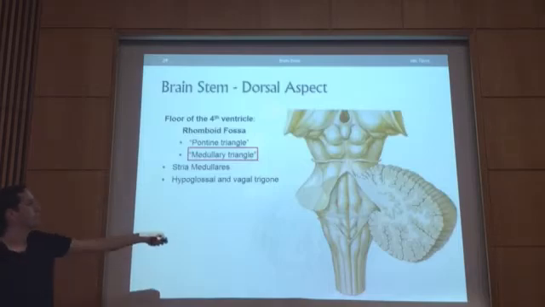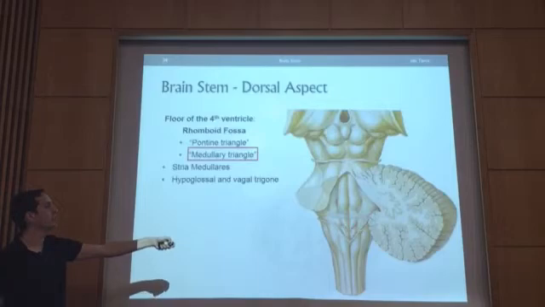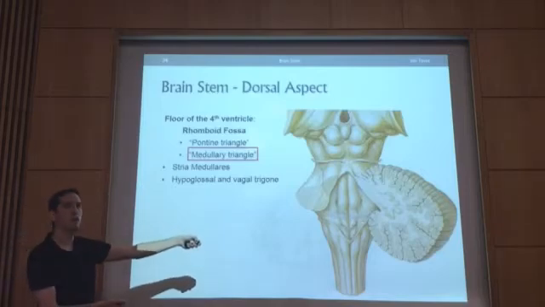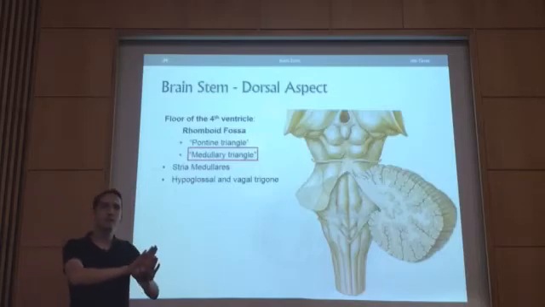In addition, you can see these two small triangles in here, the hypoglossal and vagal triangle. Sometimes it looks like one of them is more superior and the other is more inferior, and sometimes they look a bit more lateral and medial. You'll see it in the lab.